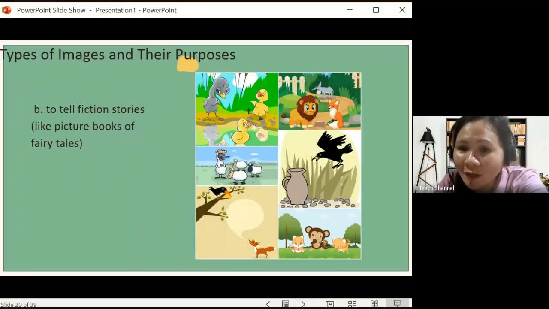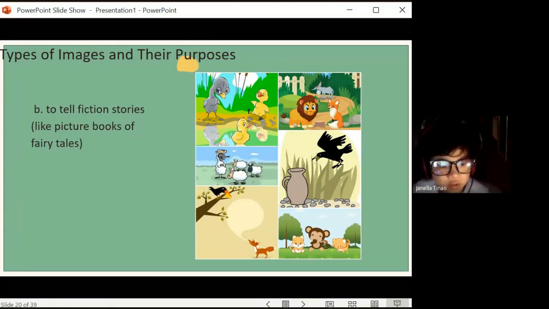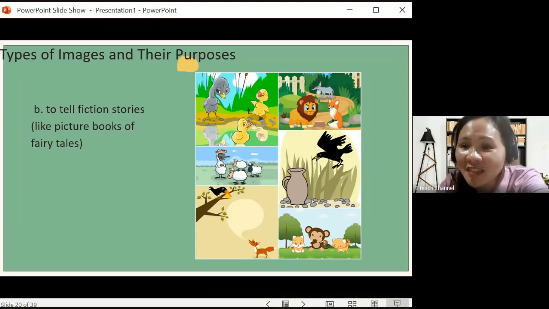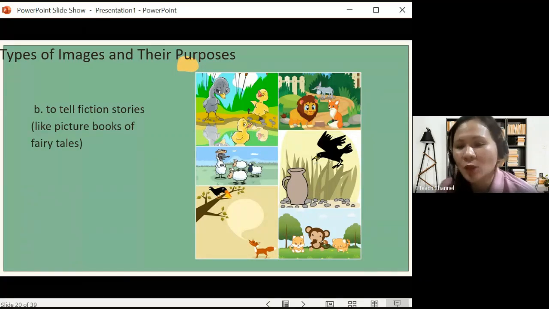Oh, take a look. What's the purpose of this, Janella? To tell fiction stories. Yes. Take note, a while ago, it was also telling stories, but the real story. But this time, it is telling a story that is fiction. When you say fiction, it is not true.